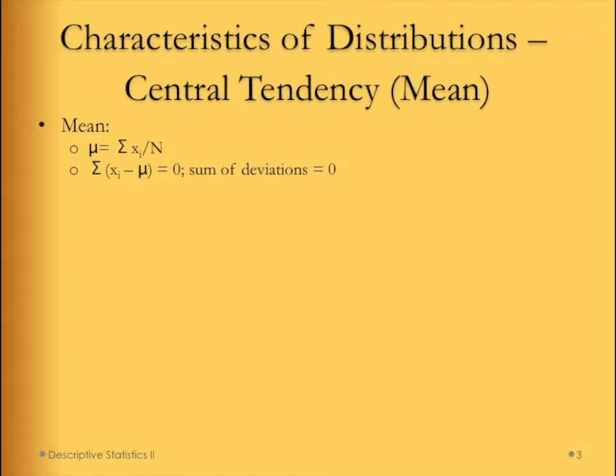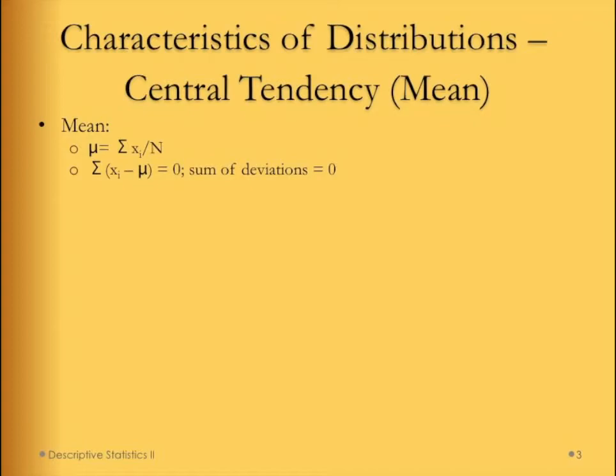Pay special attention to this formula, a sum divided by the number of data points. We will learn that many statistics we deal with are versions of this basic formula for the mean. Unlike the mode and median, the mean takes into consideration the numerical value of each data point.